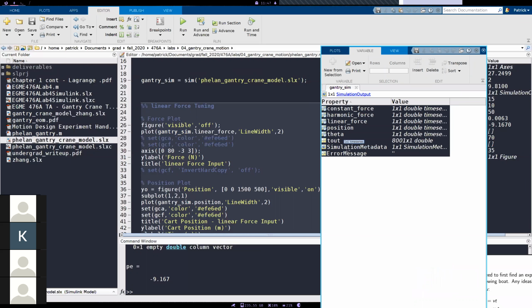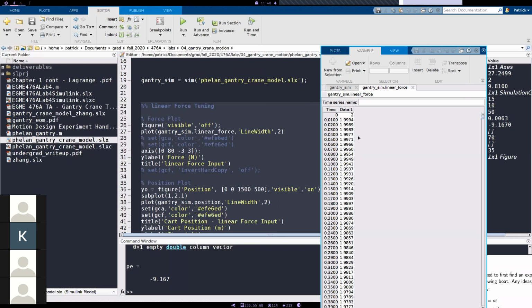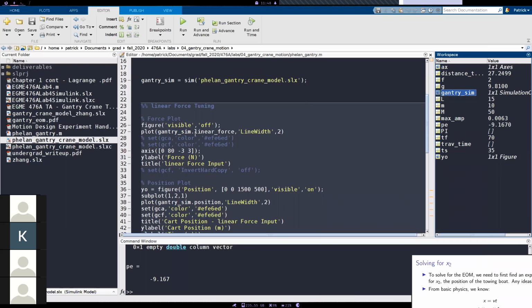And that's a time series, so it contains all of the time and then all of the respective data. So we just needed to do dot linear force, and then we could get our plot. So really simple. And then you'll have your corresponding y label and title, whatever. That's not too difficult. So that's it for the actual model and the plotting.